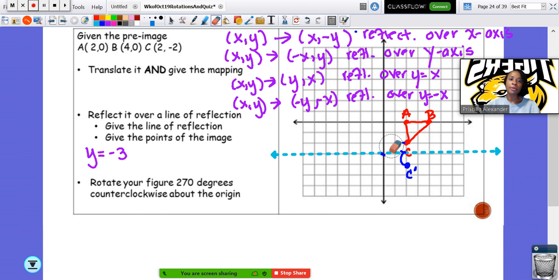Okay, and I'm going to erase this right here so I can keep it in. Alright, and then here I have 1, 2, 3. A is 3 spots from the line of reflection, so I'm going to go 1, 2, 3. So that would be my A prime.